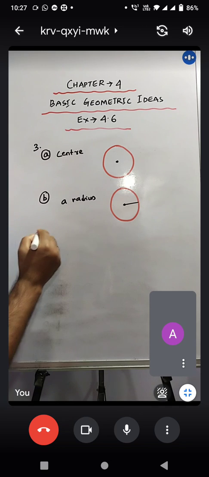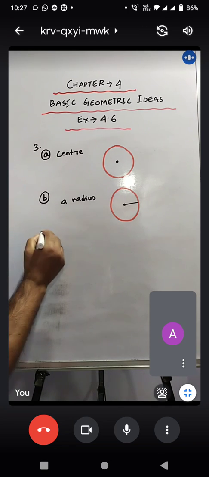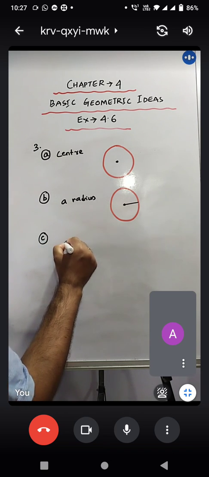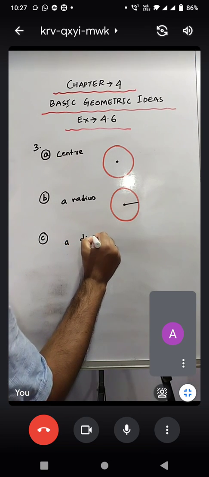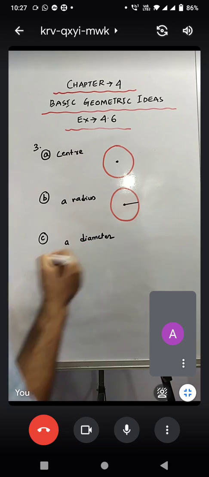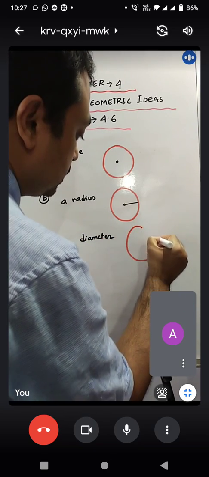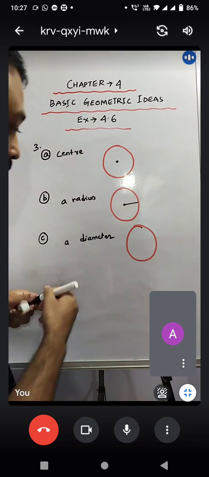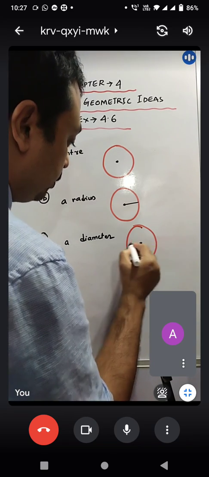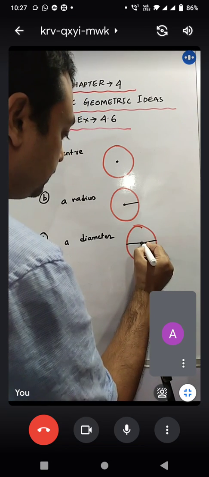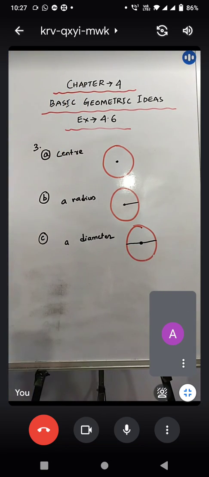Now part C, we have a diameter. So again we'll draw another small circle, and then we'll draw one diameter. A diameter is a chord which passes through the center. So this is a line which passes through the center. So this is a diameter.